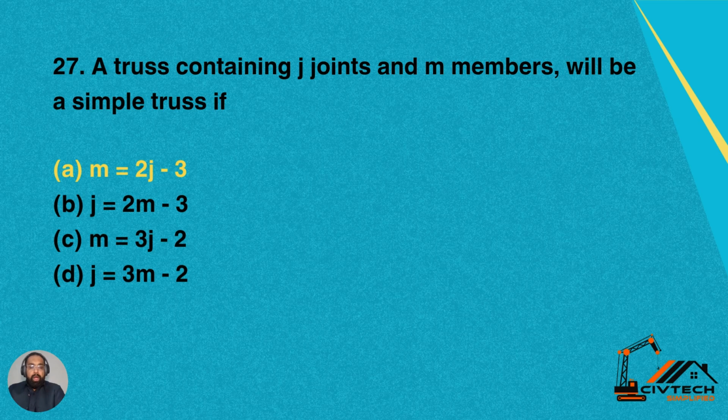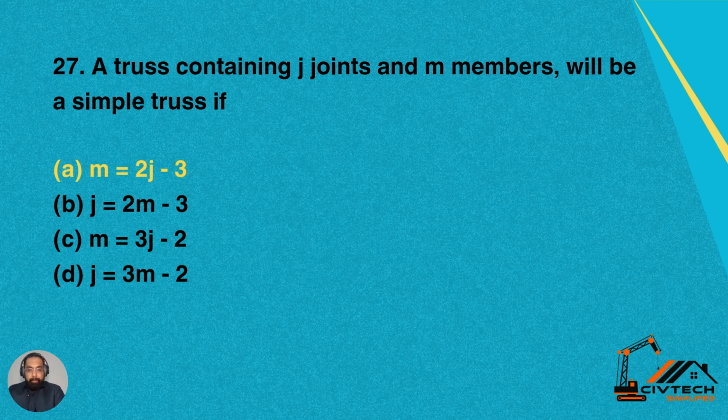Then we have question number 27. A truss containing J joints and M number of members will be a simple truss if option A M is equal to 2J minus 3, option B J is equal to 2M minus 3, option C M is equal to 3J minus 2, and D J is equal to 3M minus 2.